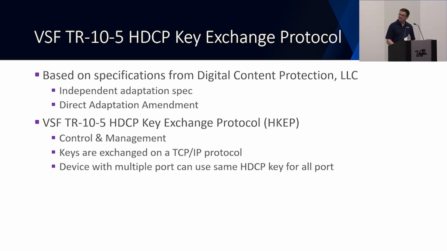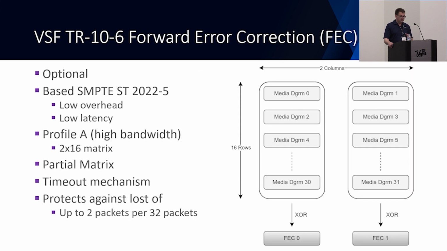Forward error correction. This is optional. It's targeted for low latency and low overhead. It supports video codecs that are variable bitrate. So it's there if you need it. Some people were using redundancy in 2110.